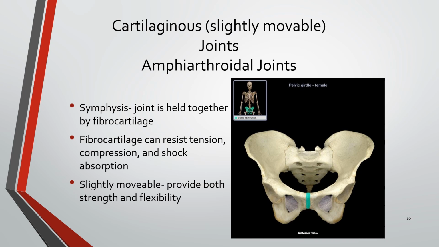This is going to provide strength, but also provides a little bit of flexibility. And again, the only major time where we want to actually have movement of this particular joint is when a woman is going into childbirth. We would like to have a little bit more mobility here so that we can open up that birth canal and the baby can come through with a little bit more ease.